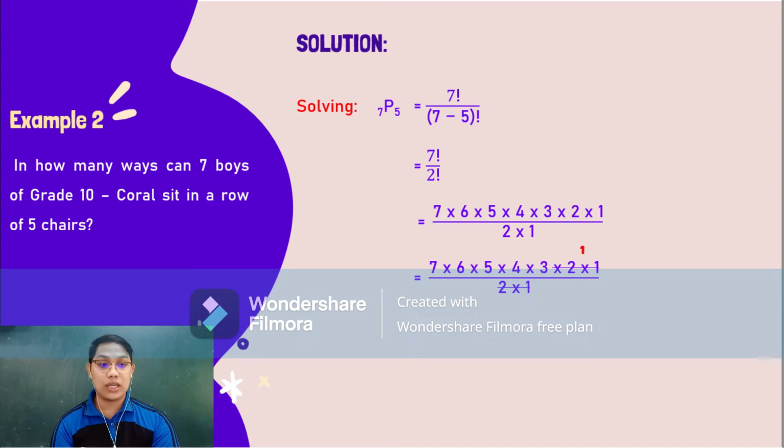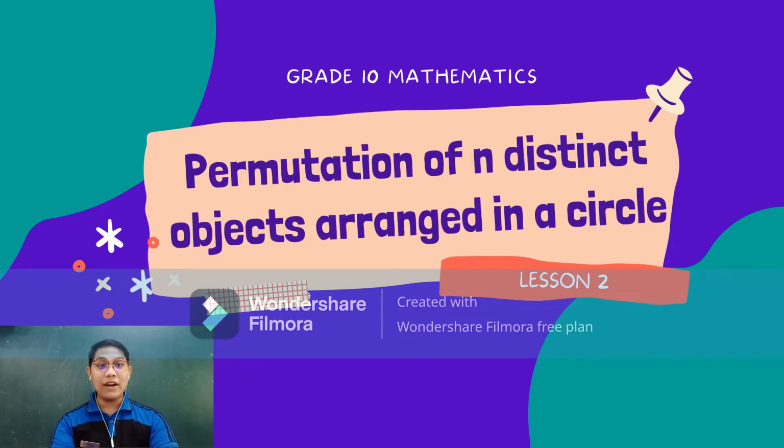Now, our solution is equal to 7 times 6 times 5 times 4 times 3. And multiplying these numbers, the product is 2,520. Therefore, there are 2,520 ways that the 7 boys of grade 10 choral can sit in a row of 5 chairs.